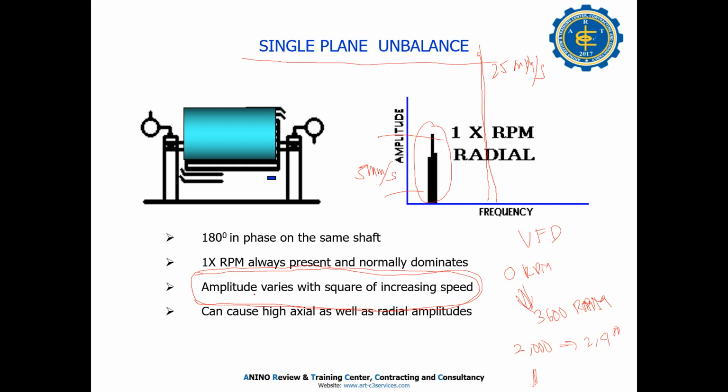The amplitude varies with the square of increasing speed. That's the answer.